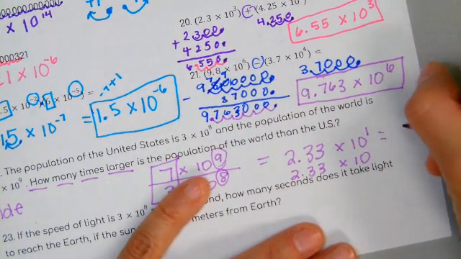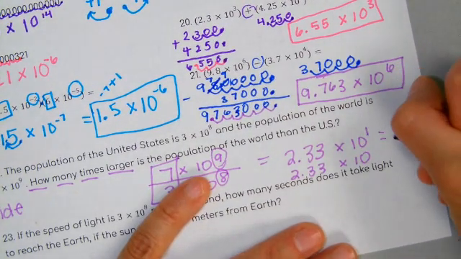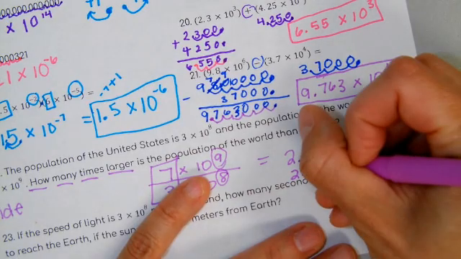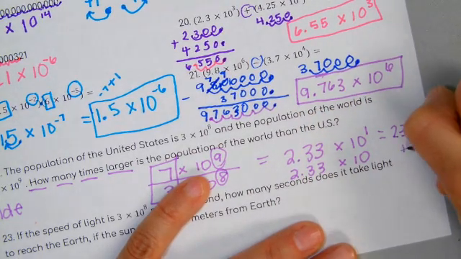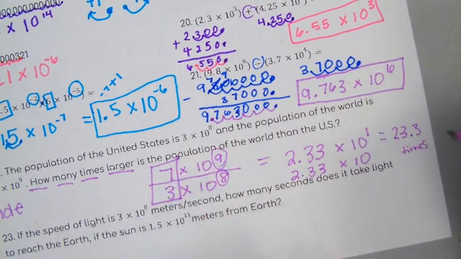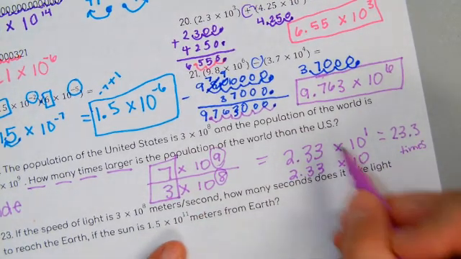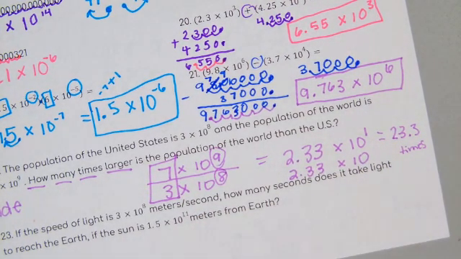If I moved it that one spot, I'd have 23.3 times. Okay, so these are all correct answers. It depends on what the question is asking for and looking for in Savvas.